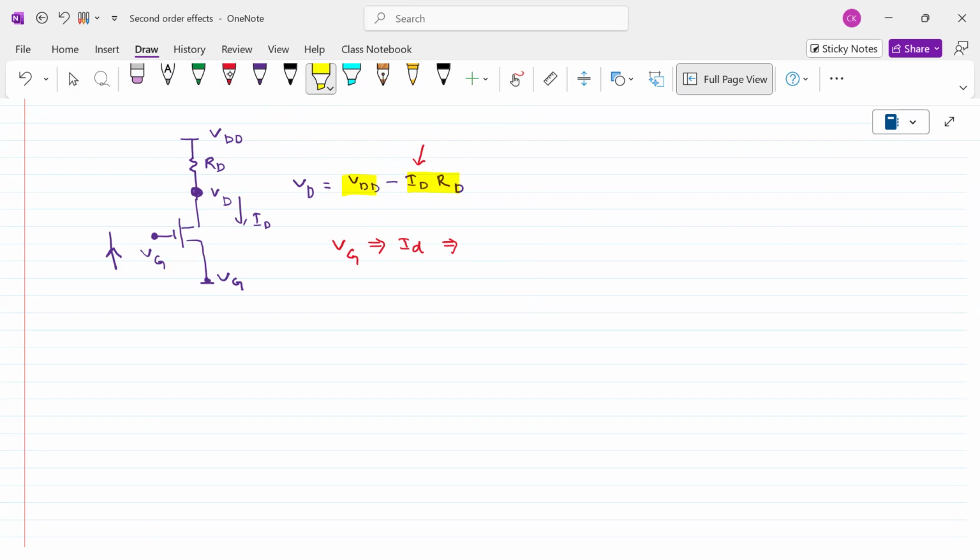The drain potential decreases. VD becomes smaller. In this particular configuration, this is not true for all circuits, but for all circuits the true condition is that when VGS increases, ID also increases. But in this configuration, the drain potential is decreasing because of that particular equation.